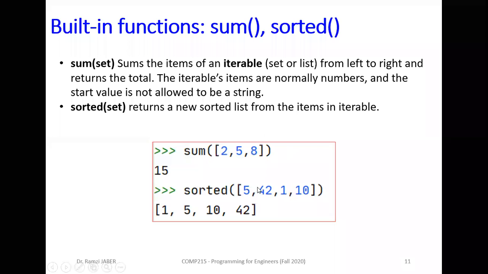Example, sum, we put here between parentheses 2, 5, 8, a set or list. Sum will sum all the items inside, 15. If we want to sort the list, sorted, parentheses, and we put a list of numbers here, or set, it will be sorted. Okay?